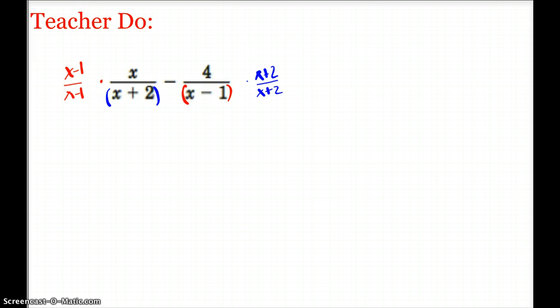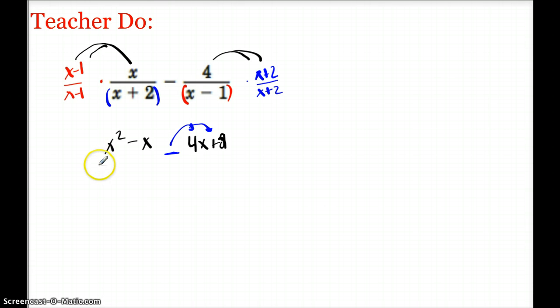We'll multiply across the top: x times x times 1, x squared minus x, and on this side we'll have 4x plus 8. Then we're going to have that wonderful minus sign in between, which only goes to these two terms.